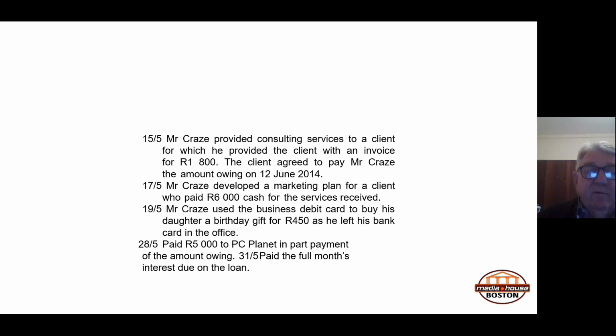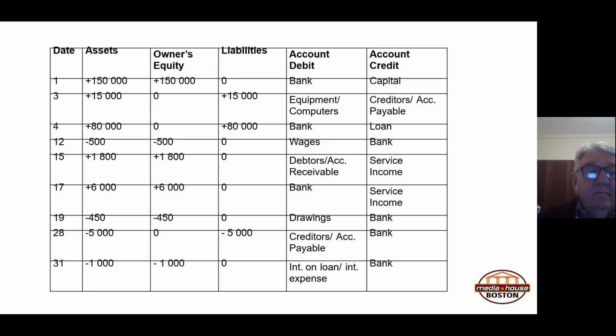The assets minus 450, owner's equity minus 450. We debit drawings and we credit our bank. There's the 450 minus, 450 minus, we debit drawings, and we credit the bank.